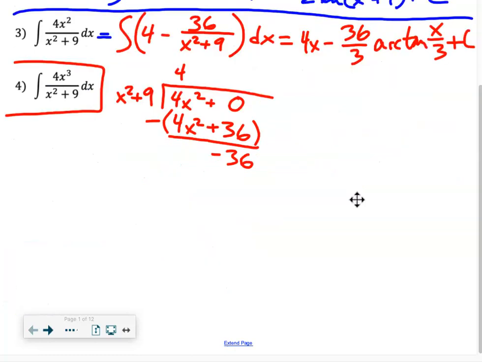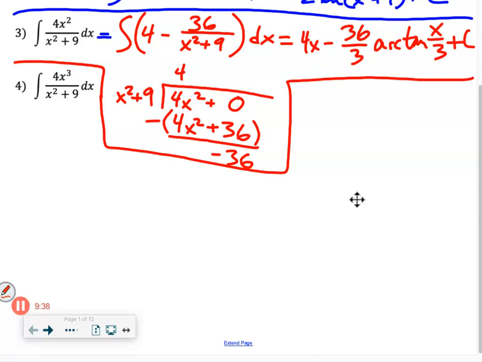All right. So, last one, another little long division. So you have x squared plus 9 going into 4x cubed. What do I have to multiply this first term? You always just look at the first terms.